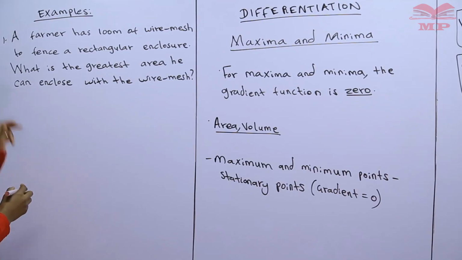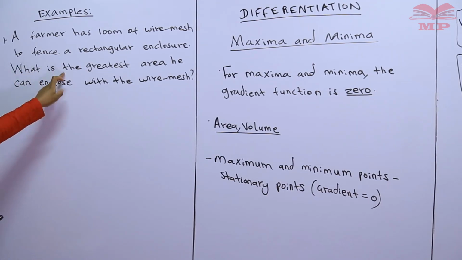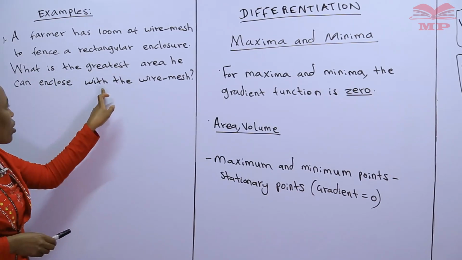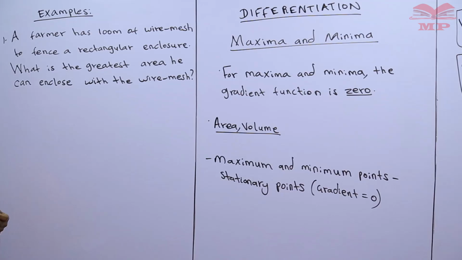Maximum area. A farmer has 100 meters of wire mesh to fence a rectangular enclosure. What is the greatest area he can enclose with the wire mesh? So he is using the 100 meters of wire mesh to fence a rectangular enclosure.